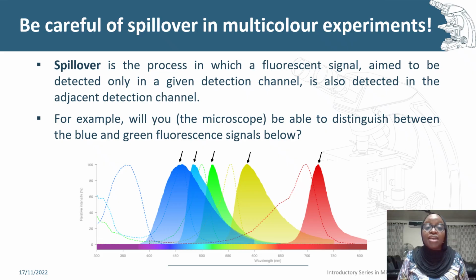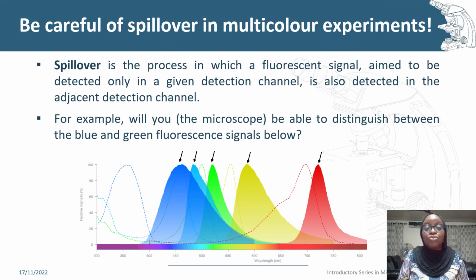You have to be careful of spillover in a multicolor experiment. Spillover is a process in which a fluorescent signal aimed to be detected only in a given detection channel is also detected in an adjacent detection channel.